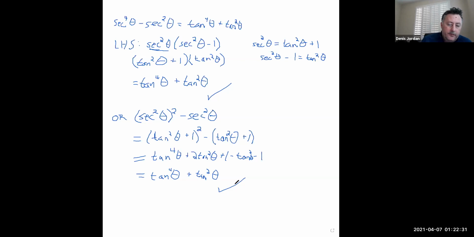So if you chose the right side, it's pretty much the same thing. You're just changing tangent squared into secant squared minus 1 and dealing with that quantity. So most of the time the proofs have more than one way you can go. Some of them are a little bit more rigid, but most of them have an alternate way.